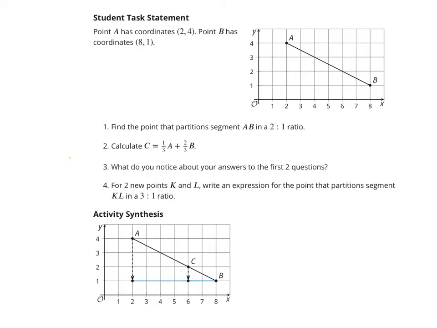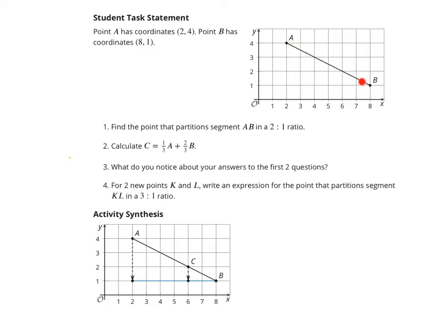Now if I zoom in on the problem at hand, point A has coordinates (2, 4). Point B has coordinates (8, 1). We need to find the point that partitions segment AB in a 2 to 1 ratio. So we need to split that segment up into 3 equal pieces. This one isn't so difficult.